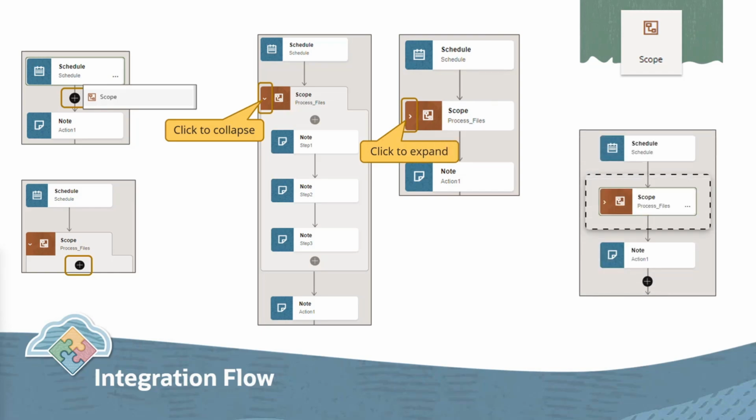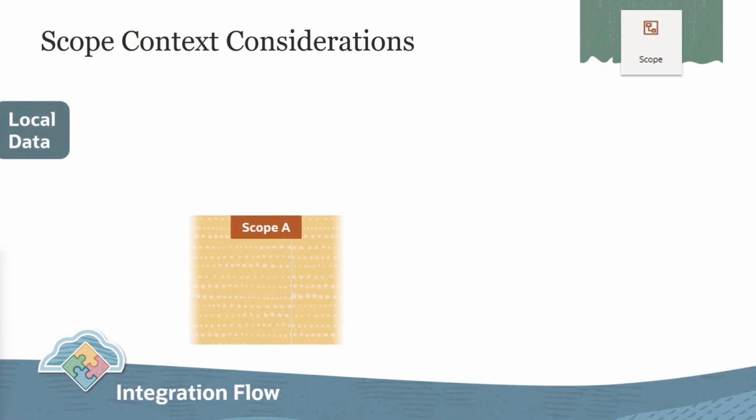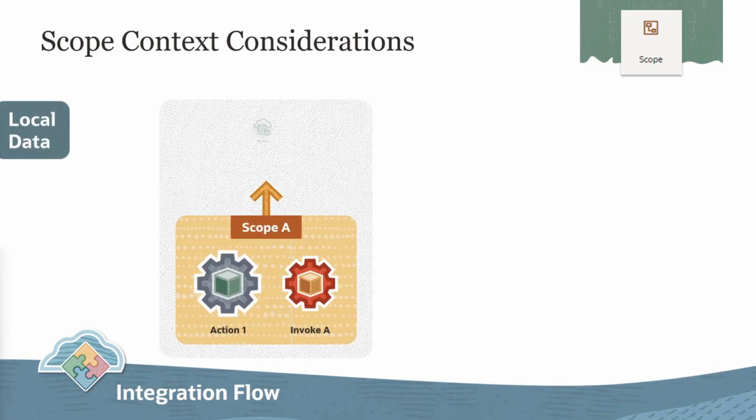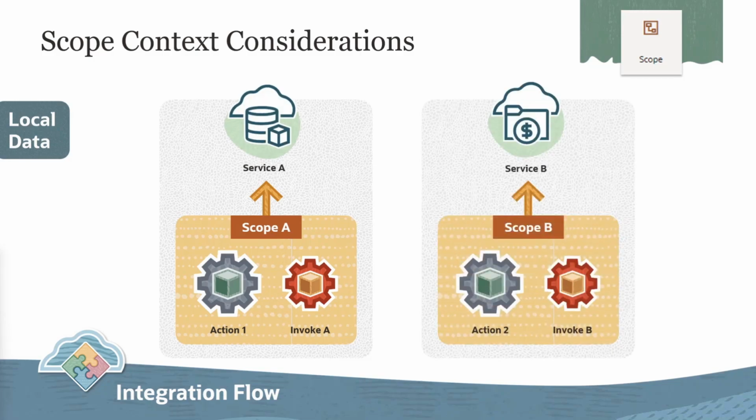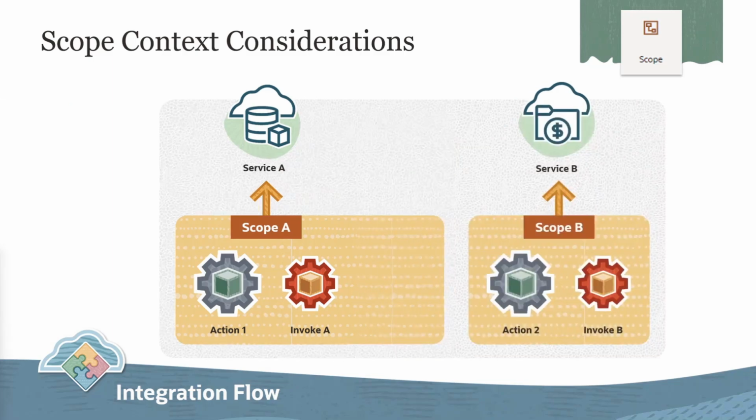Additionally, just like most other actions, you can cut and paste to reposition it to another location in the flow if needed. However, there are some context considerations to keep in mind, since your design logic needs to take into account that any returned data or message received from invoking a service or any new variable created within a scope will not be visible outside the scope or anywhere else in the main flow for that matter.